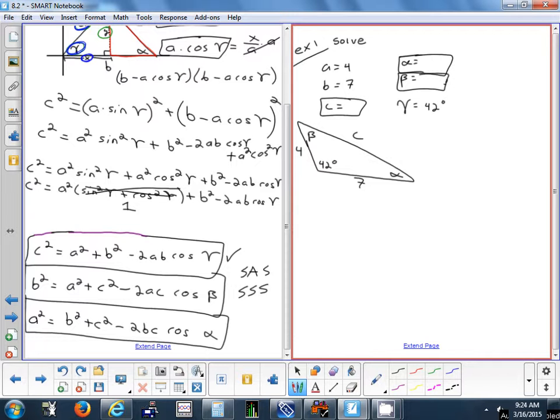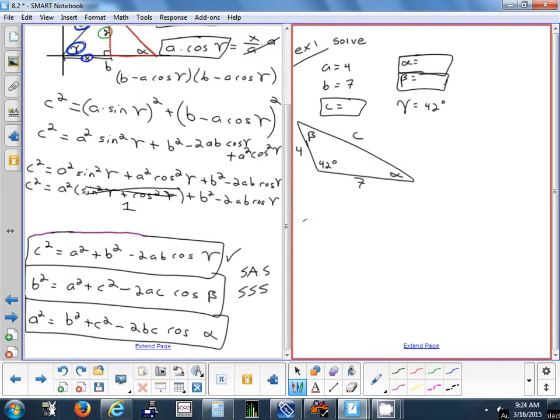Yes, we have to use the first one because we're solving for c. But what's another reason I have to use the first one? What would happen if I tried to use the second or third one? We have a gamma, so we need to use c, we don't have the other angles. If you try to use the second or third one, you're going to be missing c, and you're going to be missing the angle. You don't have alpha or beta. So you've got to use the first one.